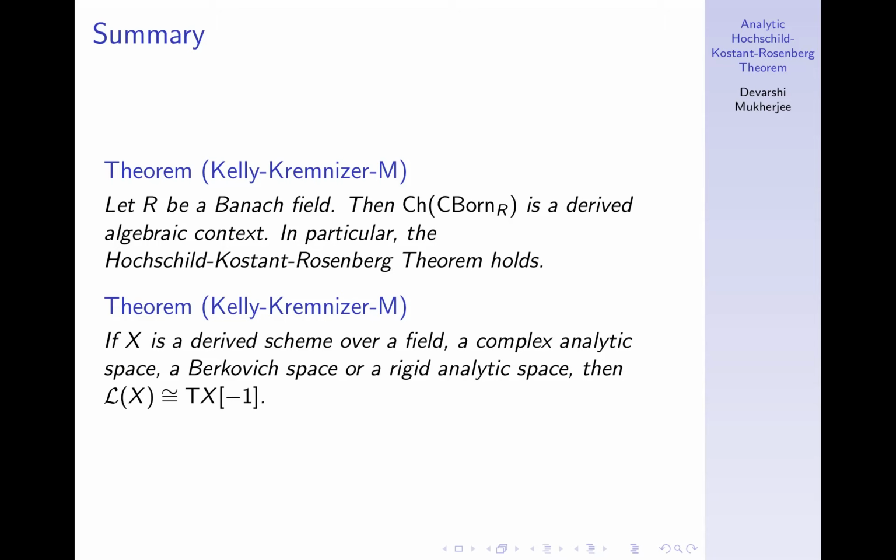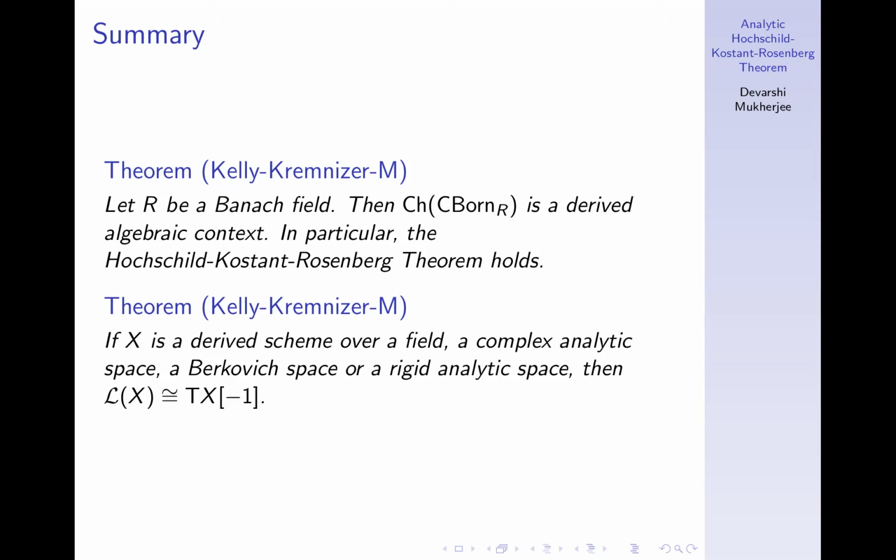The second main thing, which is why this is relevant to analytic geometry, is that it is also what is called a homotopy algebraic context, which means that it's a symmetric monoidal model category with a long list of axioms. These axioms enable us to essentially do derived geometry that has nice rules for gluing and so on. There's a nice Toën-Vezzosi topology.